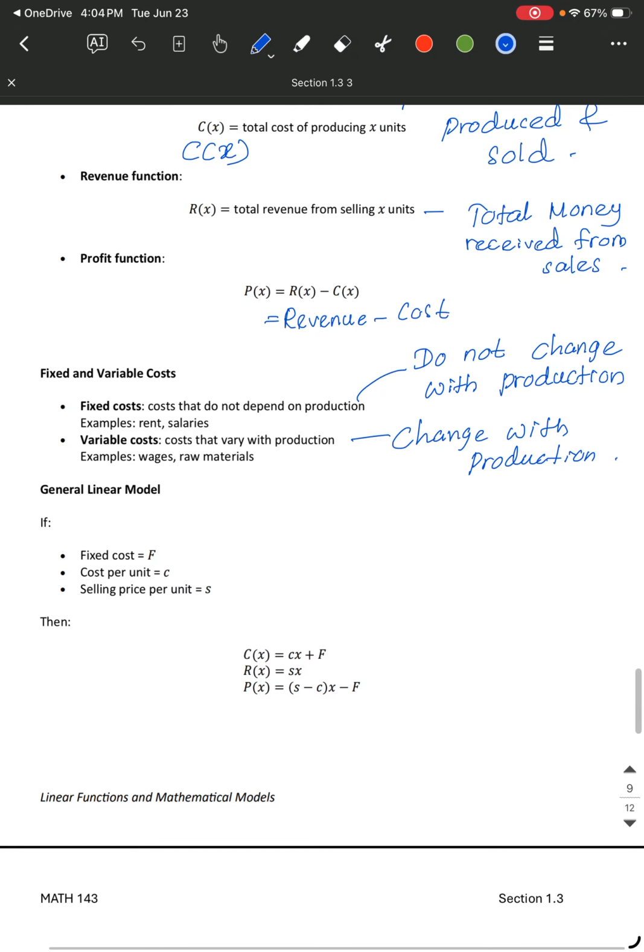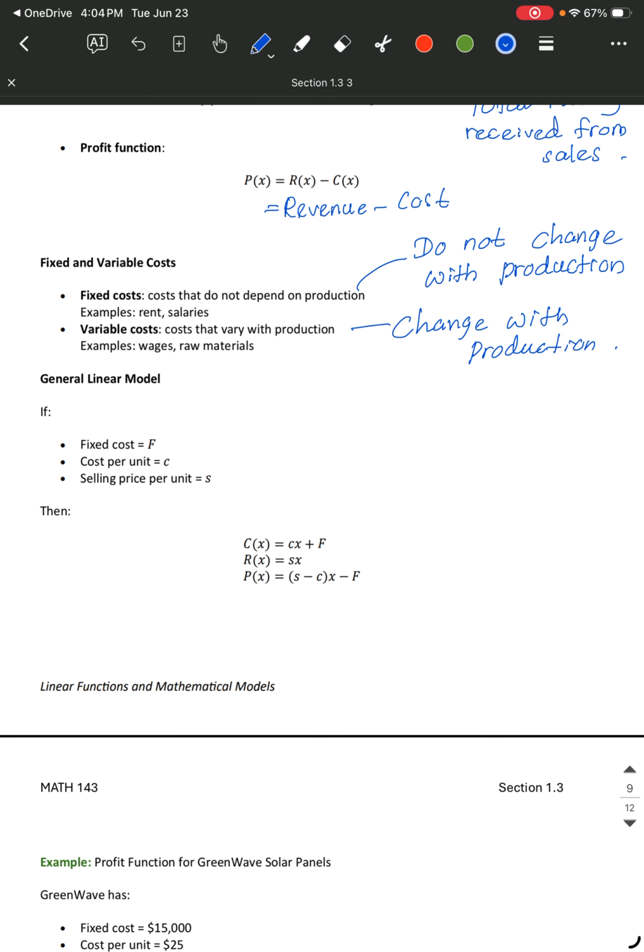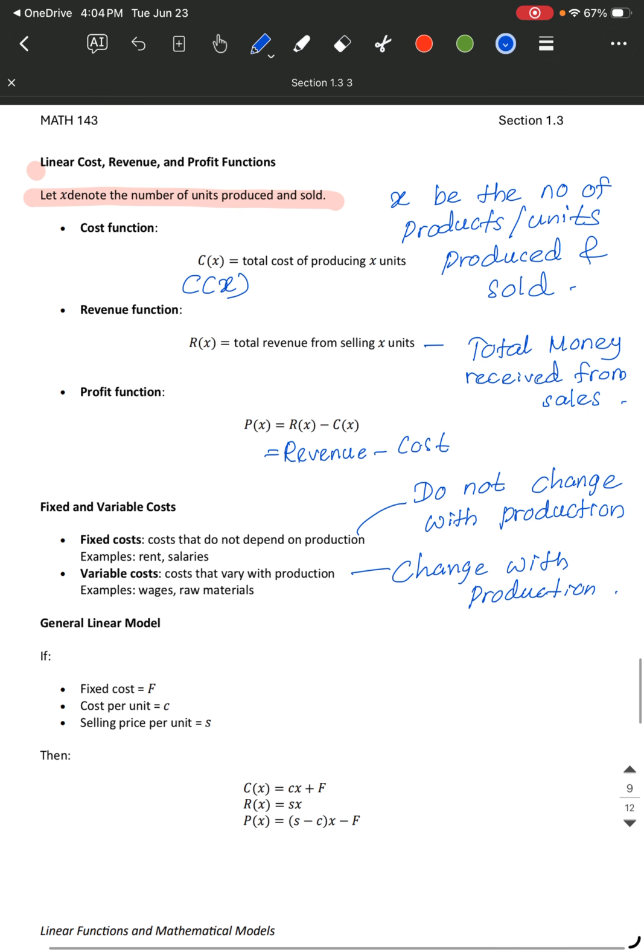Okay, then let's generalize the model for the cost function. We already know that businesses or companies have two cost components, the fixed and variable cost. Therefore, the total cost function would be the combination of both fixed and variable cost.